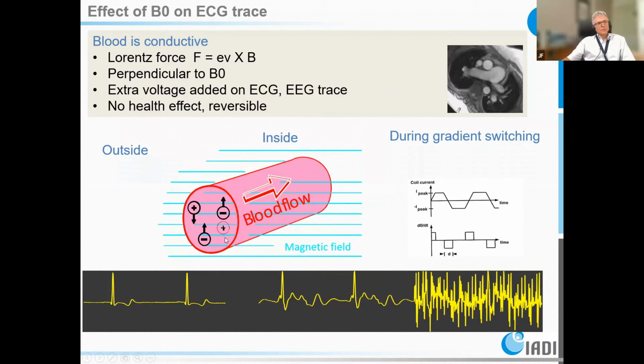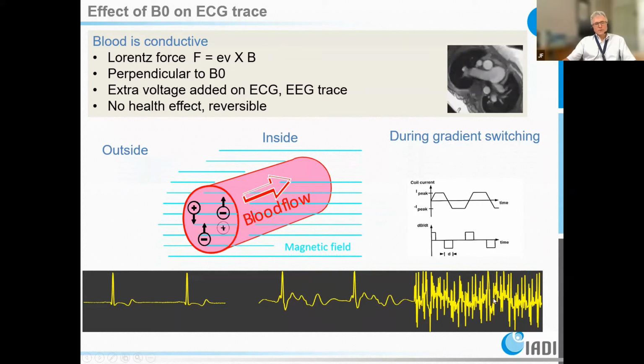The positive and negative ions move apart in one part of the aorta, and this adds some extra voltages to the ECG or EEG traces. This is not dangerous. This is well known, but you have a strong artifact here due to the magnetic field.